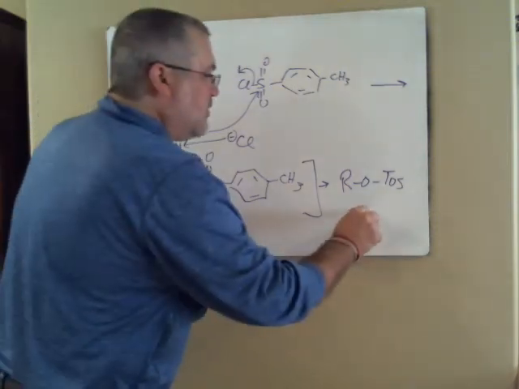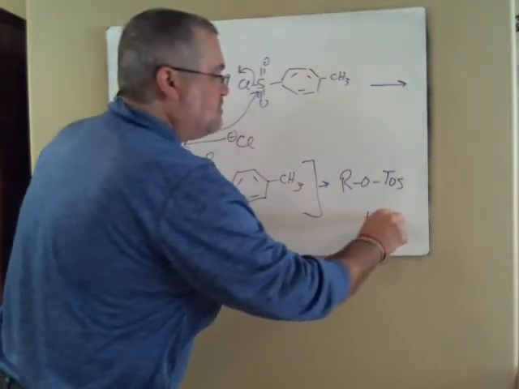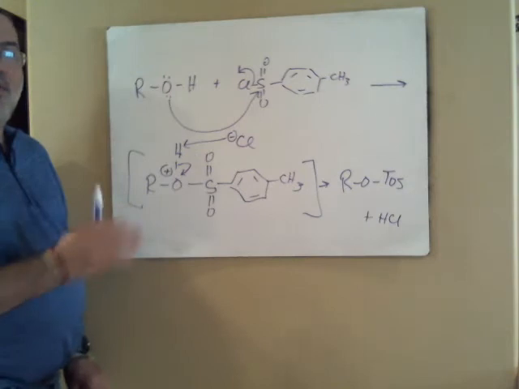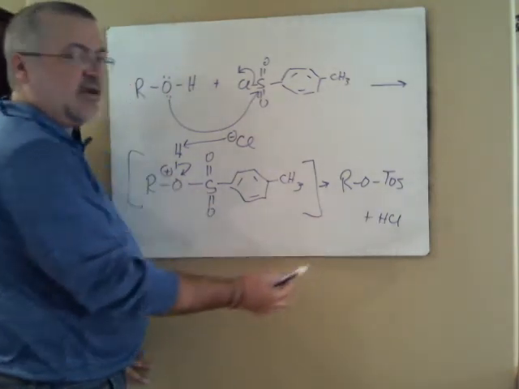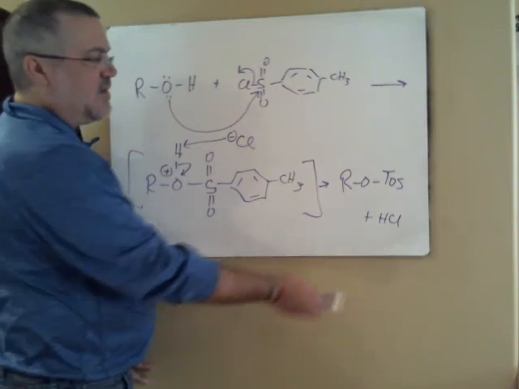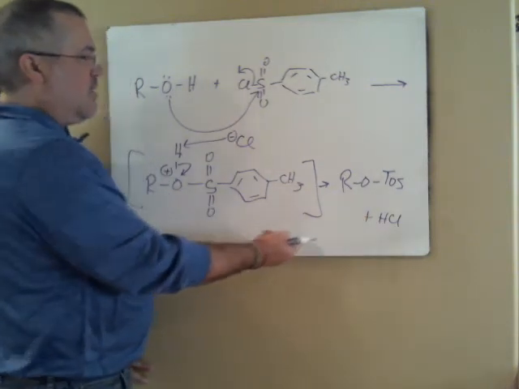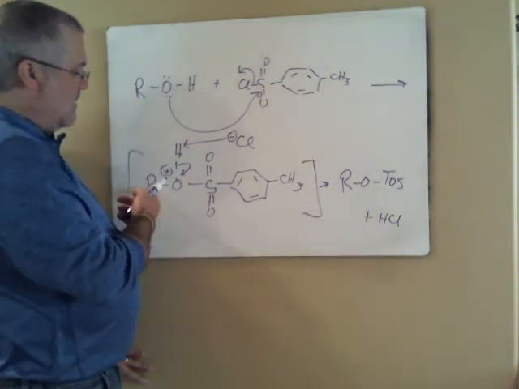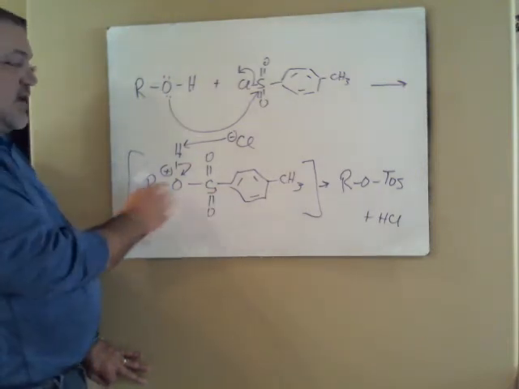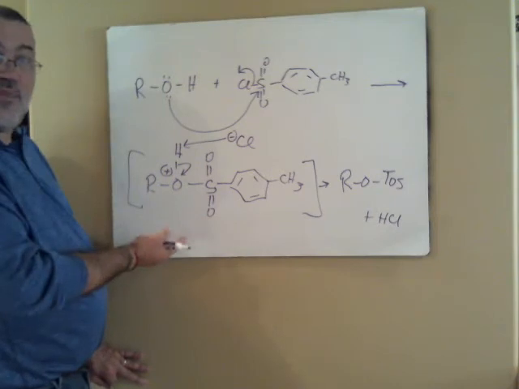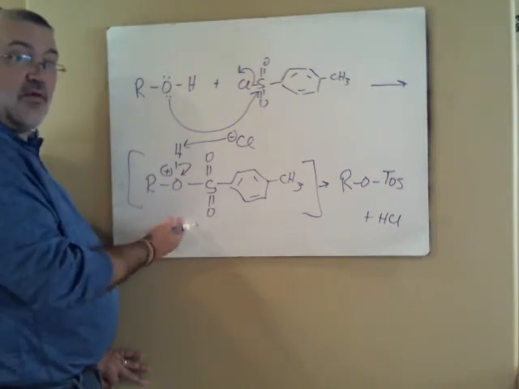But I'm also going to produce HCl. Now what's important here is we don't want any HCl sitting around at the end of this reaction, because that chlorine could come in and react with the electrophilic site of this tosylate and displace it, and you'd end up with the alkyl chloride.